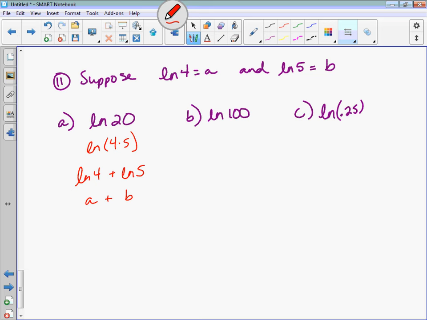So guys, how do I get 100 out of 4 and 5? 4 times 5 times 5. You are welcome to do 5 squared, or you can do 5 times 5. So natural log of 4 plus natural log of 5 plus natural log of 5. You guys see how that's A plus 2B? Yes, okay.